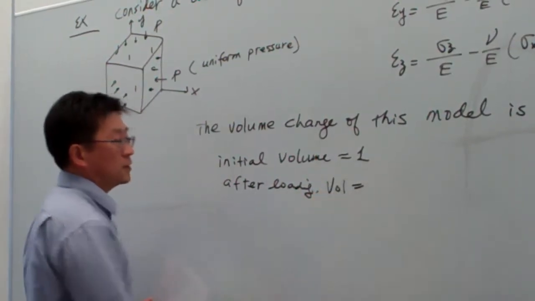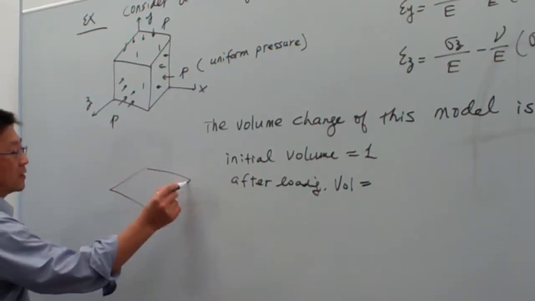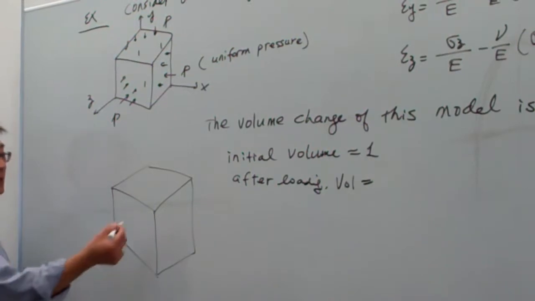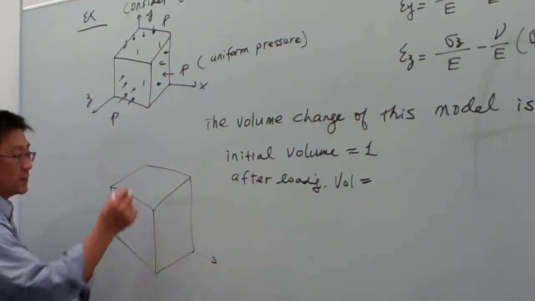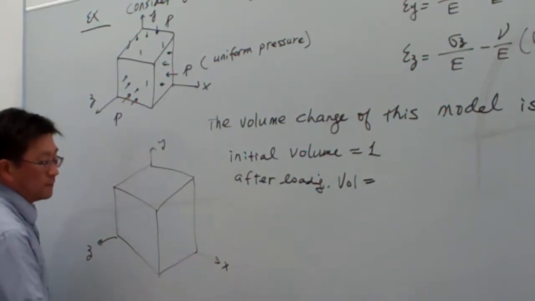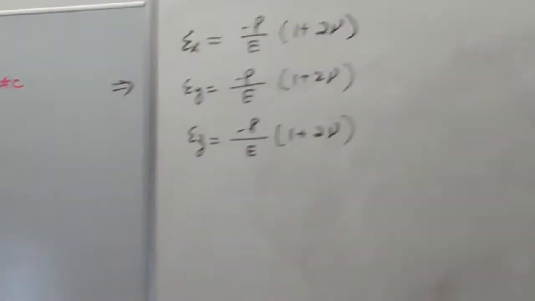The volume after loading, you can imagine the whole situation becomes like this. In the x direction, y direction, and z direction, we already have the strain in each direction.